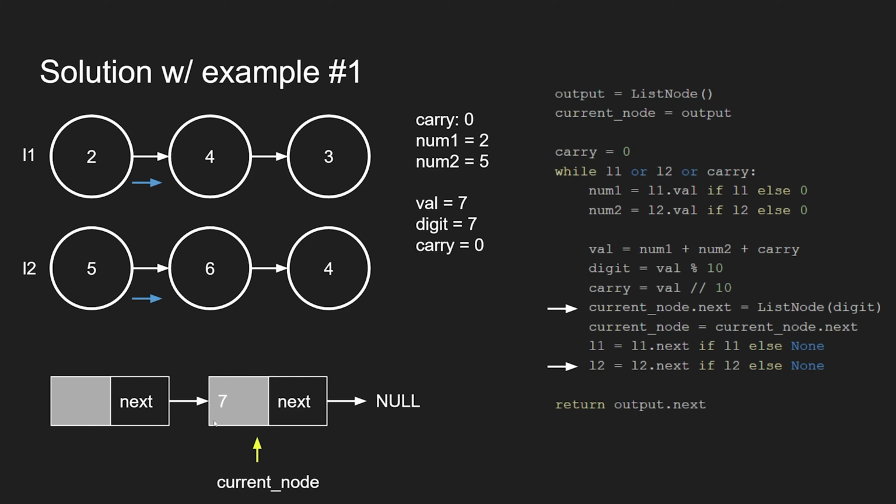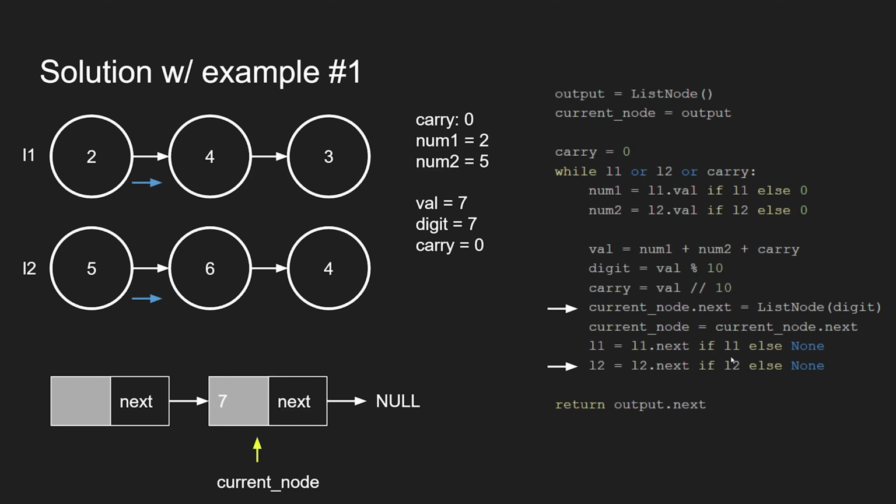And since we finished this operation, we want to move both the inputs from 2 and 5 to the next digit, 4 and 6. So here, L1 equals L1.next, L2 equals L2.next. And we also add the if L1, if L2, else None. Because this is also the edge case of different lengths.